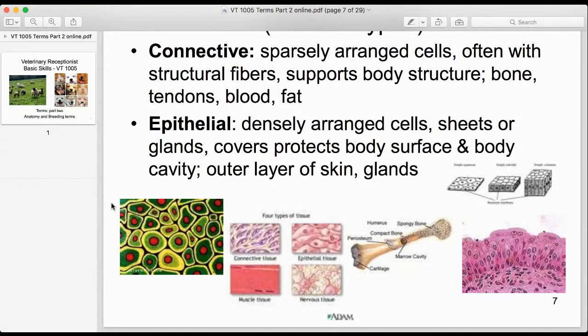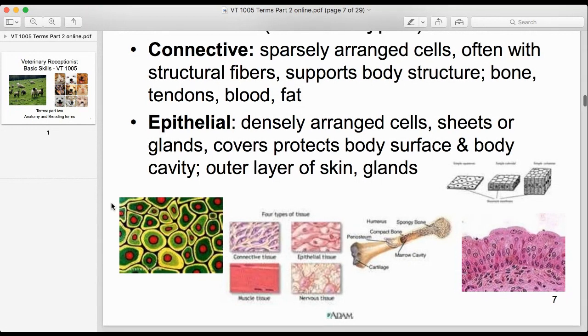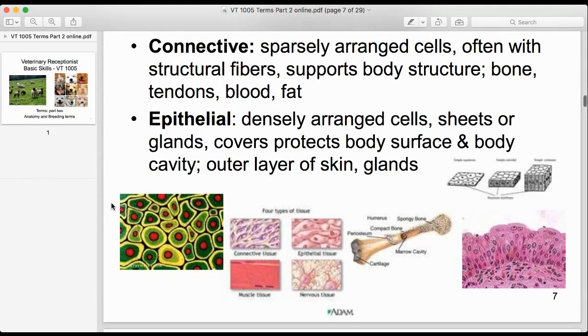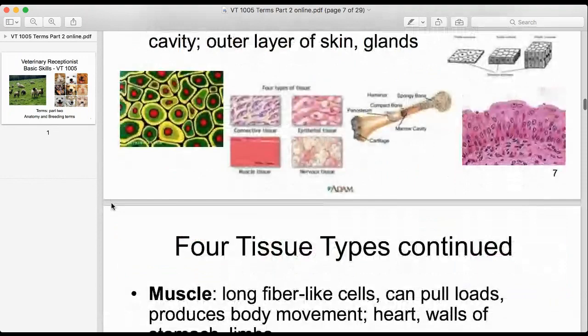So anything that needs protection, you do not want all of the substances that you eat to just get into the rest of your body without going through the stages necessary of digestion. So there's this epithelial tissue that protects the rest of the body from getting substances or bacteria or items like that that you would not want in other areas of your body. So connective, remember, does include bone, our tendons, our blood, our fat, and epithelial.